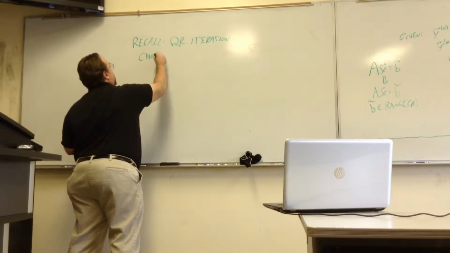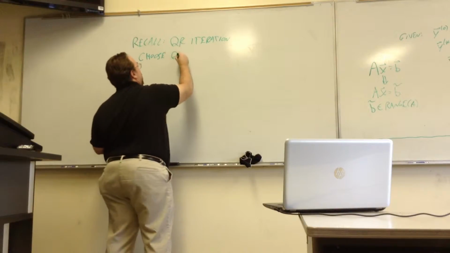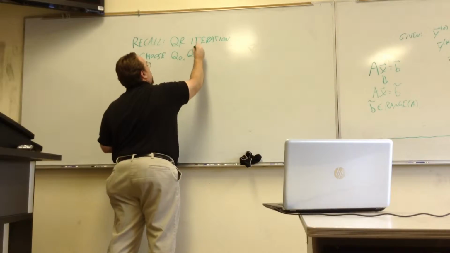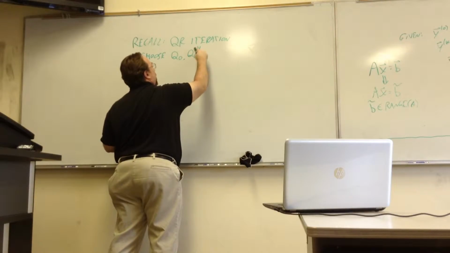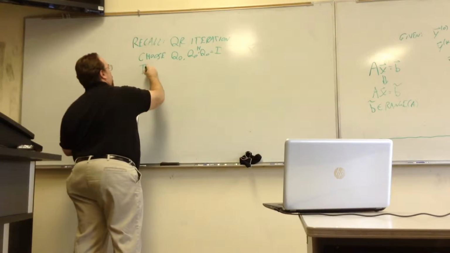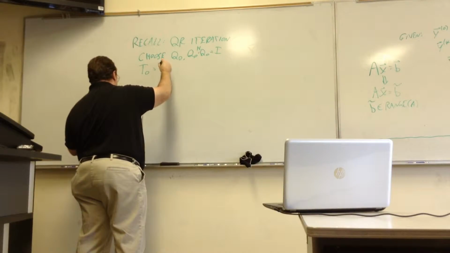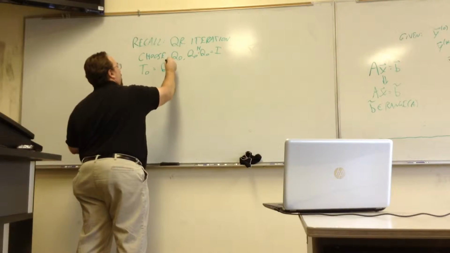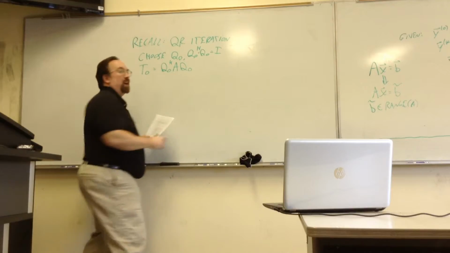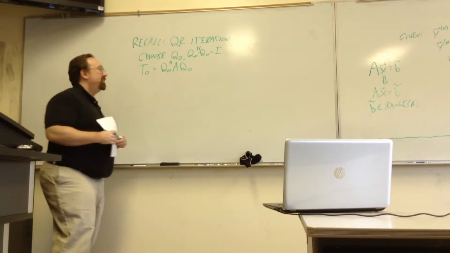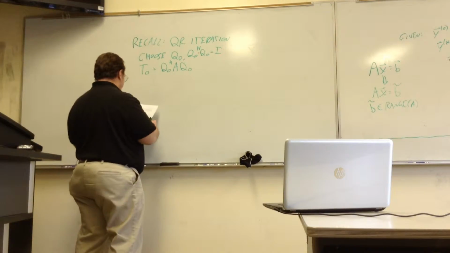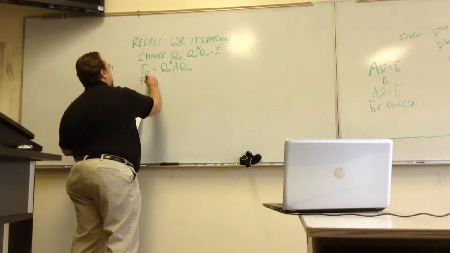What you do is you choose some orthogonal matrix Q naught, or a unitary matrix really, and then we form our initial matrix in our sequence. Now, a simple choice for Q naught would just be identity. That would definitely work. And then we just begin this iteration.